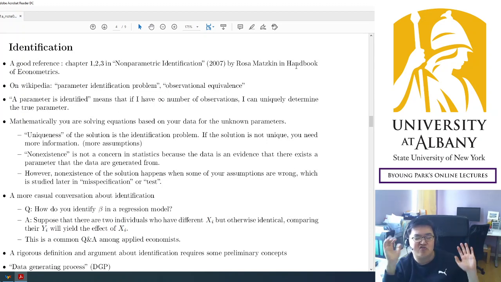It is usually written by big names who understand the literature very well, summarize it and organize the arguments, so that young students like you or young researchers can review the literature quickly. Using survey papers as an introduction to identification would be really helpful. But it's very theoretical, so I'm not going to require you to read it. If you are interested, or plan to specialize in this topic, surely you need to read it.